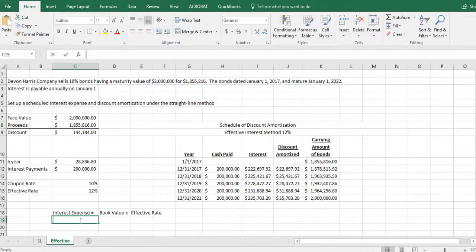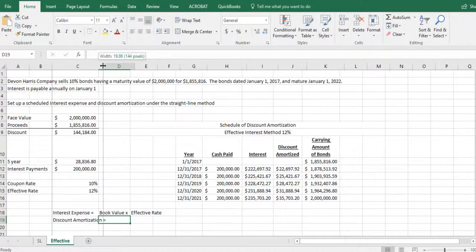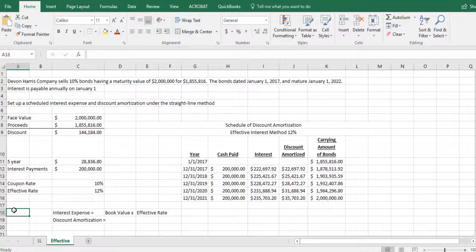So then to determine discount amortization, and these are per year, and this is per year.